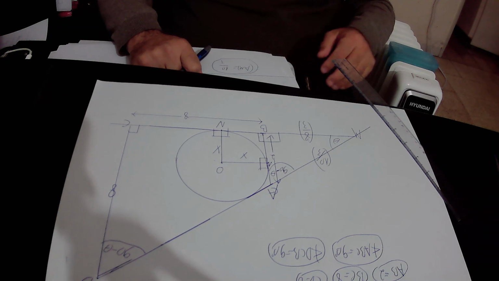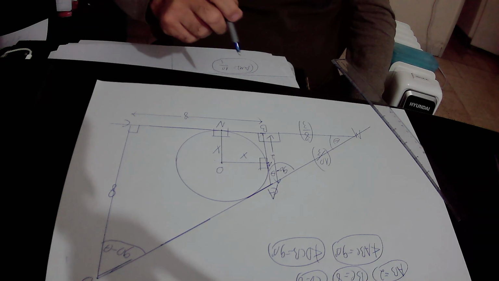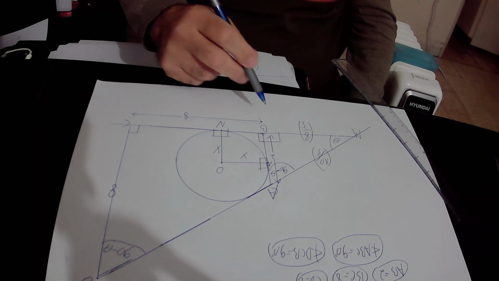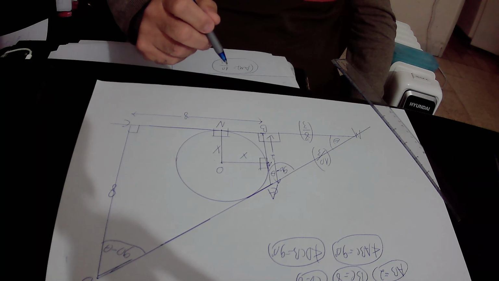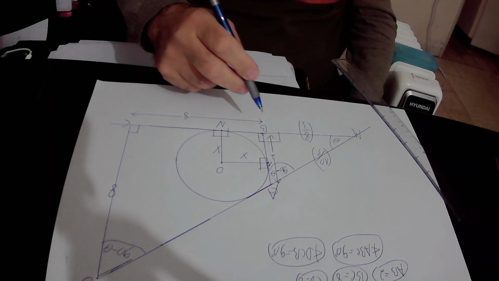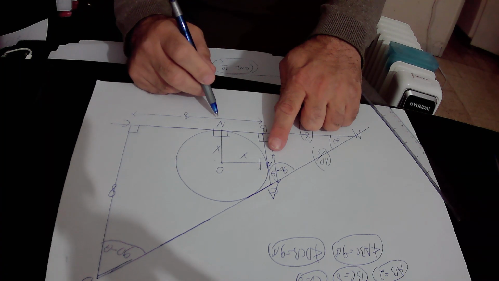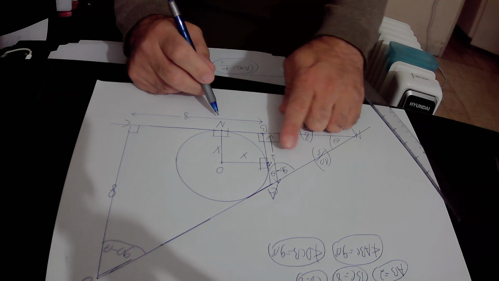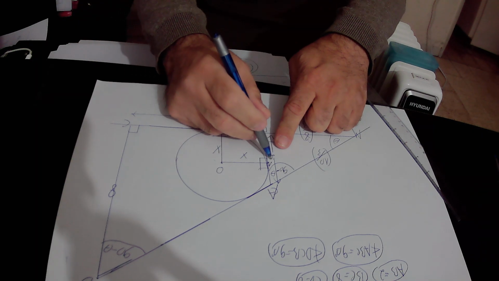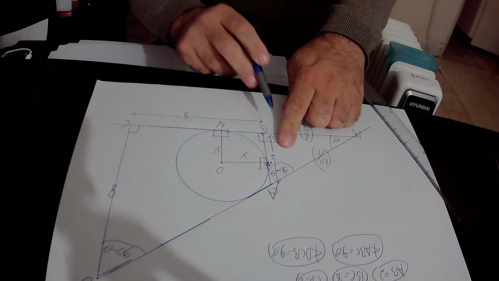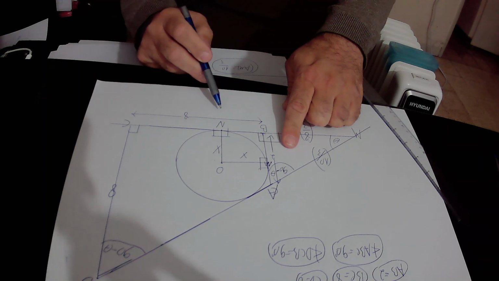In the next step, we'll focus on quadrilateral MOBN. Here we have 2 points with the same letter; actually, this point is point M. So we have quadrilateral MOBN.